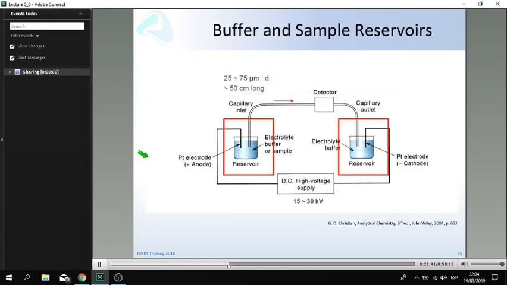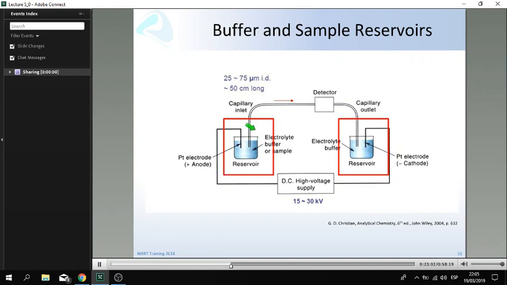Then you have your buffer and sample reservoirs. Once the capillary is put into the system, it doesn't move, but you have little stations with your inlet buffers and outlet buffers, and another station with your samples that move towards the capillary as you need them.